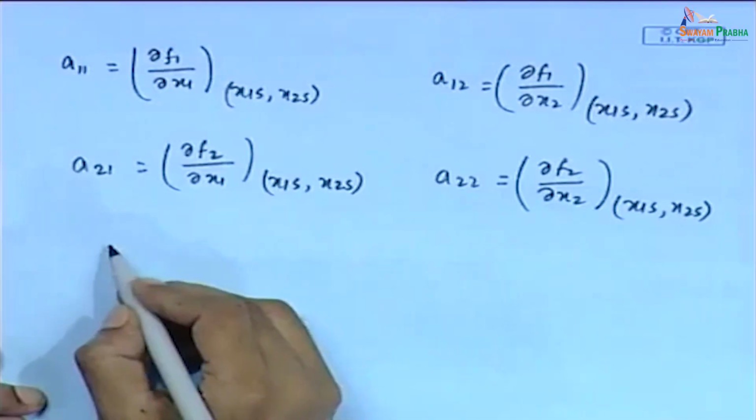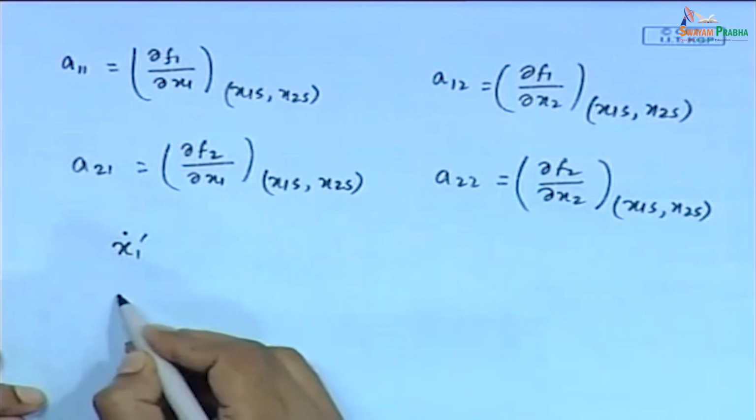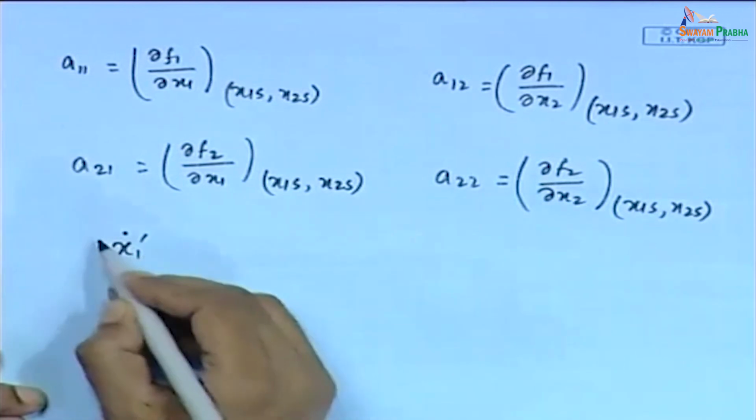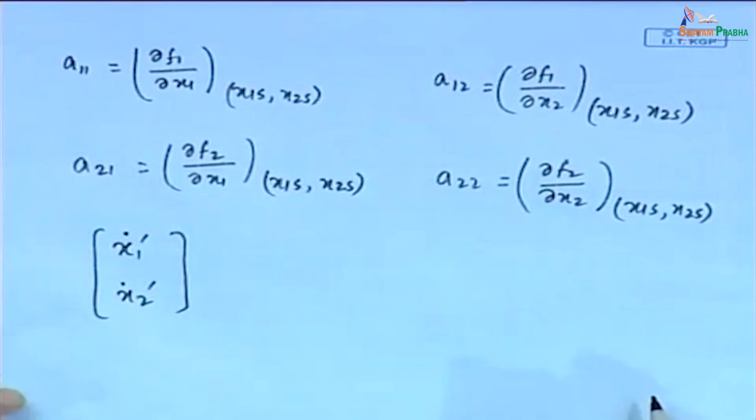Now, we can represent those linearized equations in terms of deviation variables in matrix form. In matrix form, we can represent the final expressions like this. Fine. The dot symbol represents the time derivative.